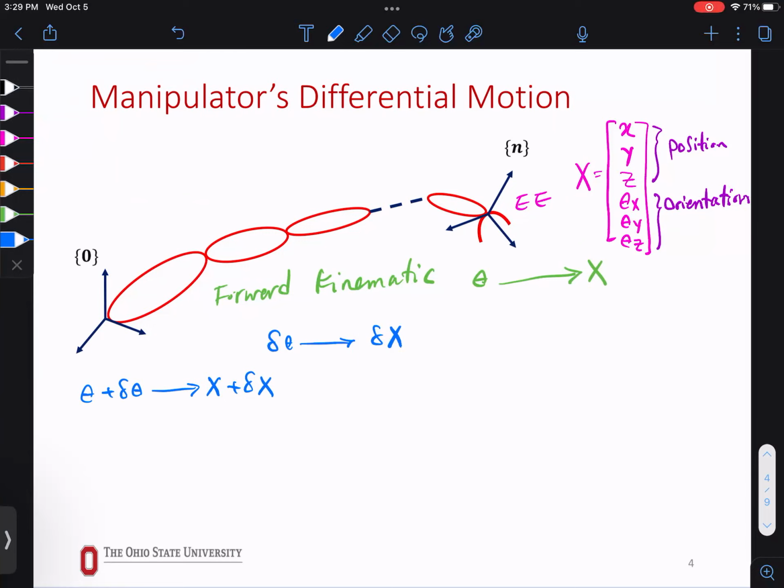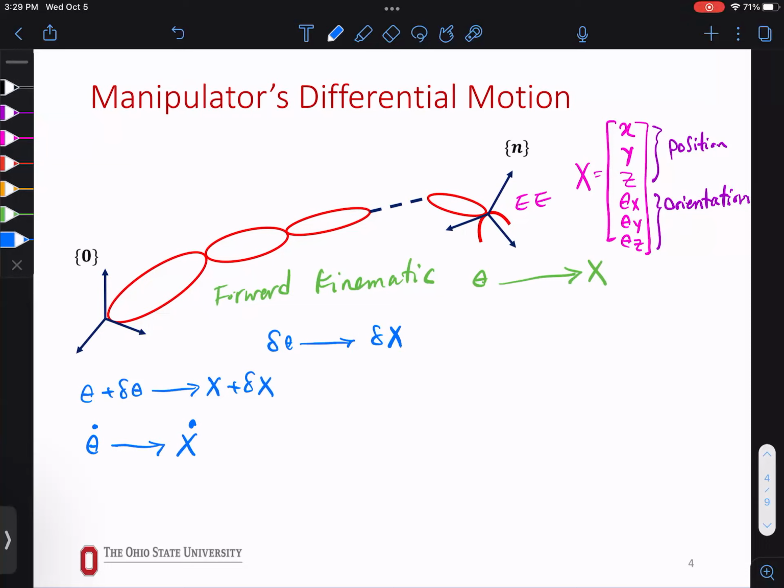Now, if we keep doing this, the rate of this change over time is the velocity, right? So keep changing this over time, that's our velocity. Agreed? So if I do this over time, this is theta dot that gives me X dot. So from the velocity of the joints, I should be able to find an expression that gives me the velocity of the end effector.